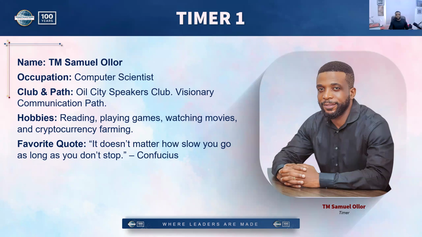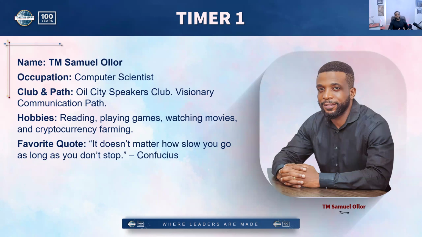Thank you, DTM Chuks, for that wonderful introduction. Fellow Toastmasters, my name is Samuel, and as your timer today, all speeches delivered by contestants must conform to the timing guidelines for the contest. Today we have two categories of speeches, the International Speech Contest and the Table Topics Speech Contest.